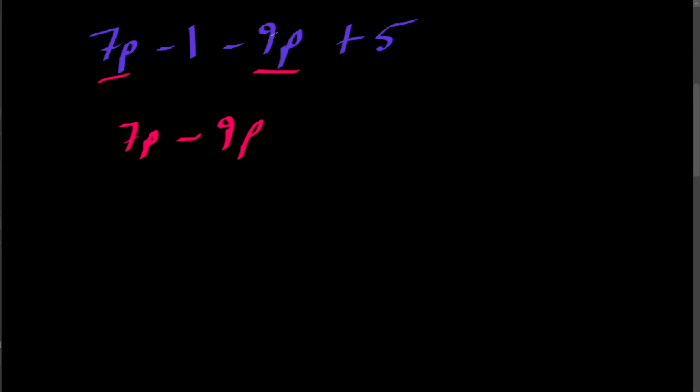Well, if we go and we look at 9p, to the left, there's a minus sign there. So that minus sign has to stay with 9p. I can show you why real quick. Remember that if we were to make this plus, then the negative would go to 9. So it would be plus negative 9p, which is the same thing as minus 9p. All right, so let's back up. So now that's going to give me negative 2p.